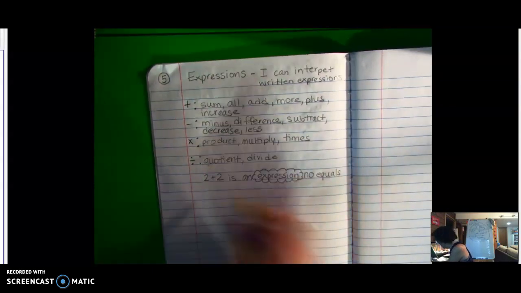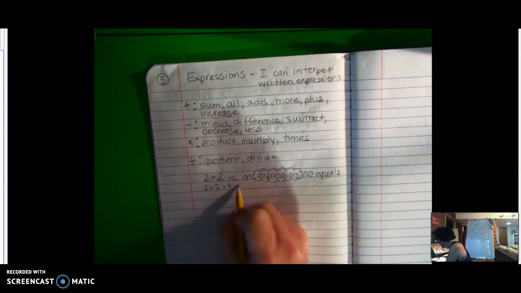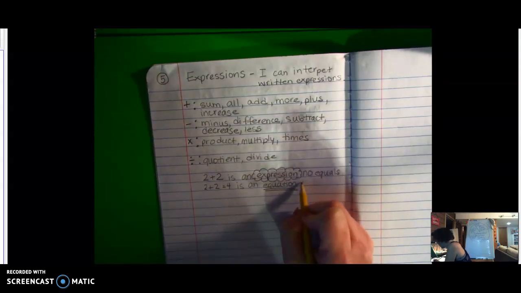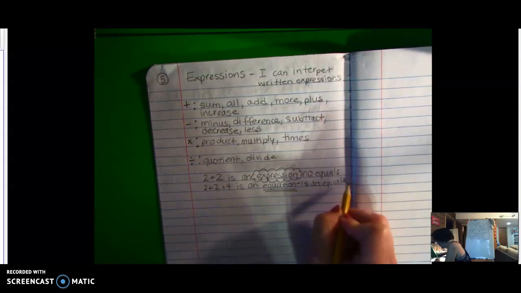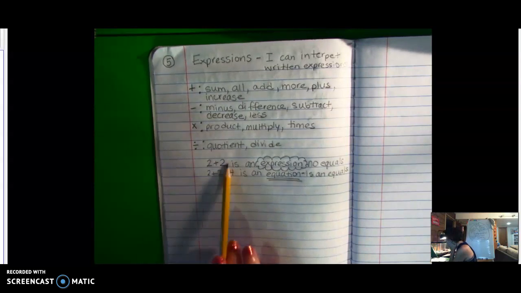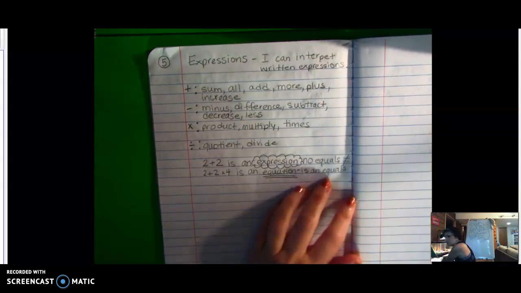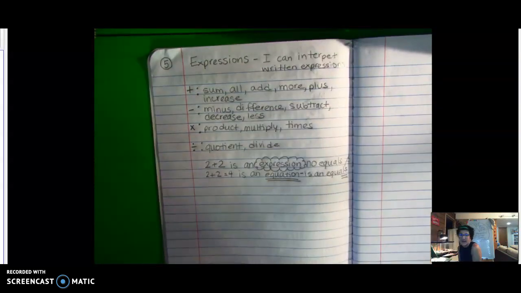Okay, but 2 plus 2 equals 4 is an equation because there is an equal sign. Okay? So that's the difference. When we talk about expressions, we mean 2 plus 2 because there's no equals. But 2 plus 2 equals 4 is an equation because there's an equal sign.